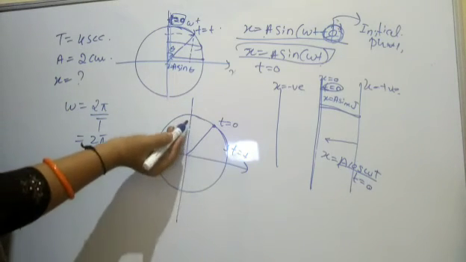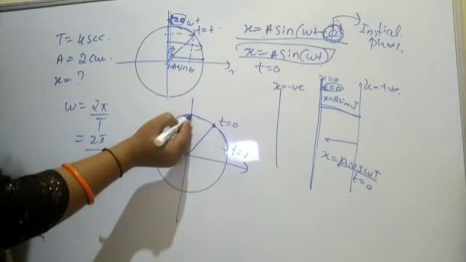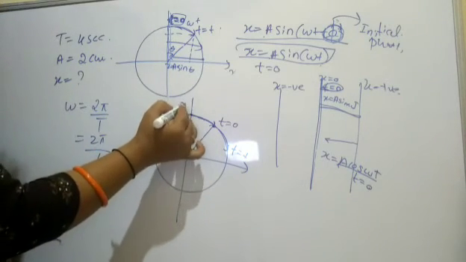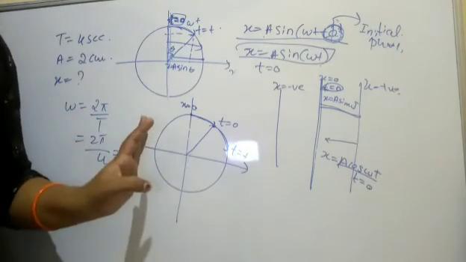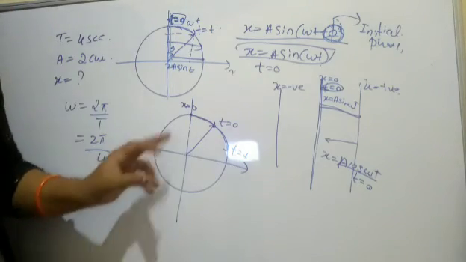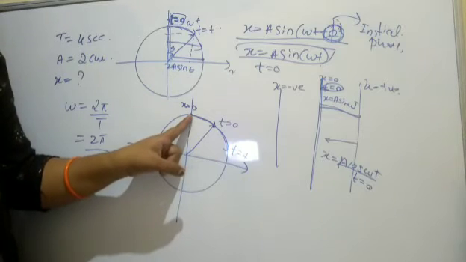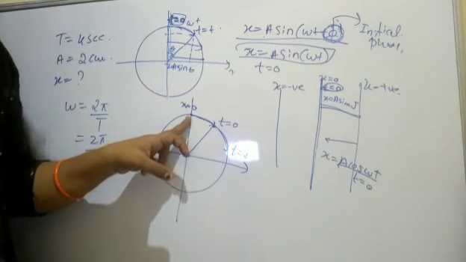Now, the particle is moving from here. To reach this point, the particle has to move from here only. It is a circular motion, a body executing periodic motion, so it has to start from where it is, and that point we will call x is equal to 0.